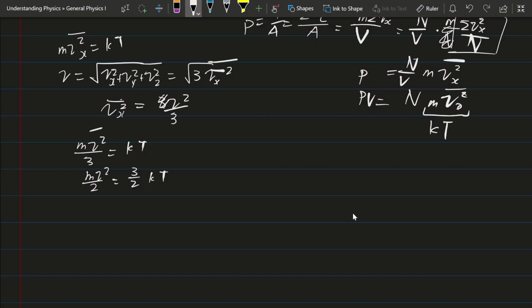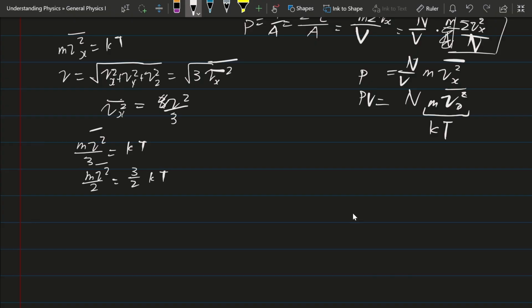So it depends on its degrees of freedom. And this relates to its kinetic energy. So that's something interesting for you to think about. You see that the temperature depends on the kinetic energies of these particles. So that's actually the definition of temperature.